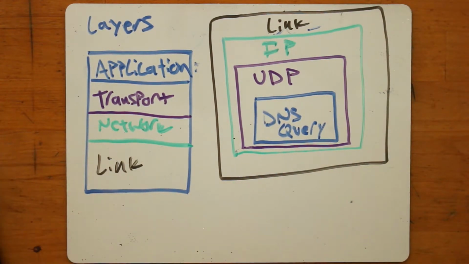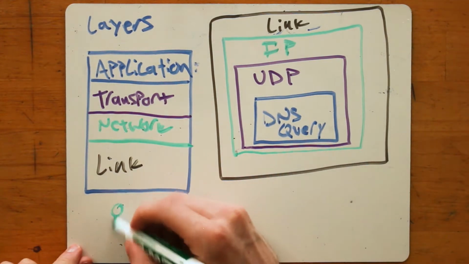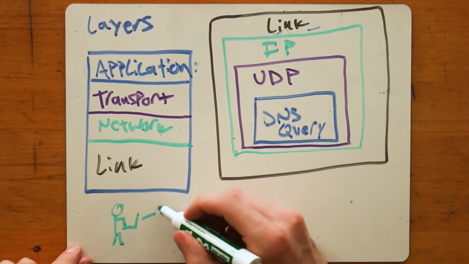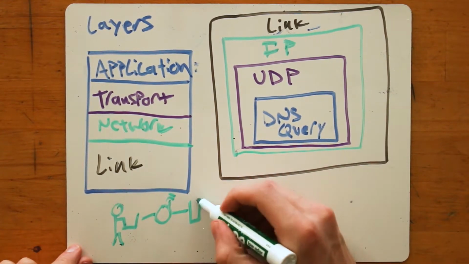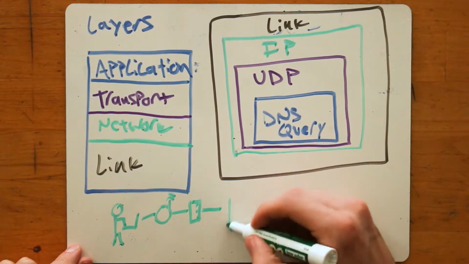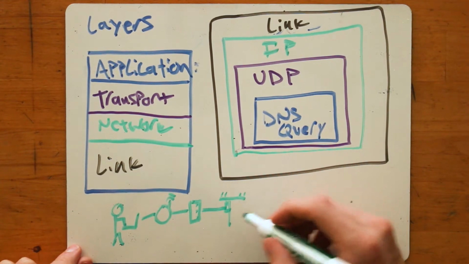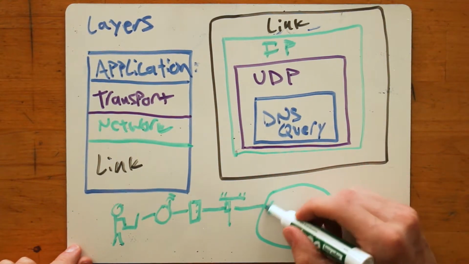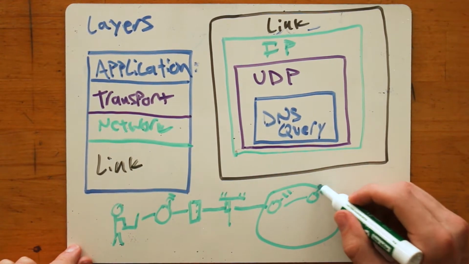So let's see what I mean here. Let's go back to our little diagram where I'm sitting on my computer, and I'm connected to a little router, and that router is connected to a modem, and that modem is connected to a little box on a telephone wire pole, and that's connected into Comcast's main network where it first touches a router, and maybe it goes to another router here.